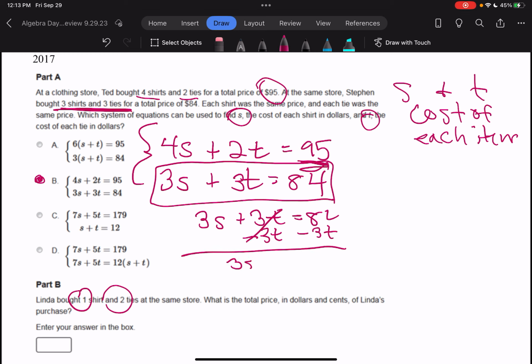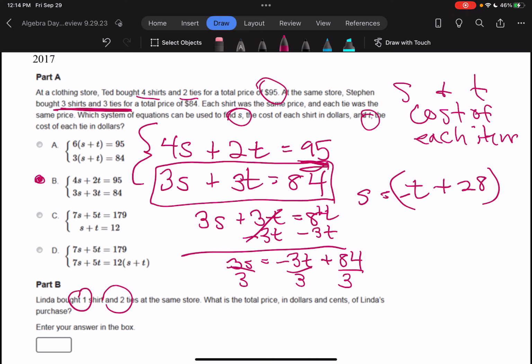We get 3S equals negative 3T plus 84. And then I'm going to divide both sides by 3. And you'll get S equals negative T, right? Because 3 divided by 3 is 1. So that's just 1T. Plus 84 divided by 3 is 28.